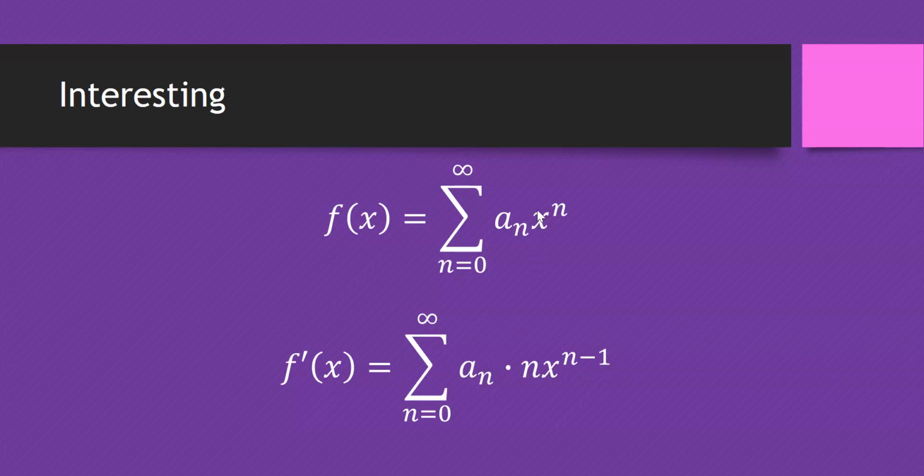Now, actually, the a sub 0 term would have gone away. Let me fix that real quick. There we go. I just changed the count from 0 to 1 because when you're at a sub 0, that term will just go away. So you might as well leave it off when you take the derivative. But every other term, n comes down in front, multiplies by a sub n, x to the lower your power by 1.